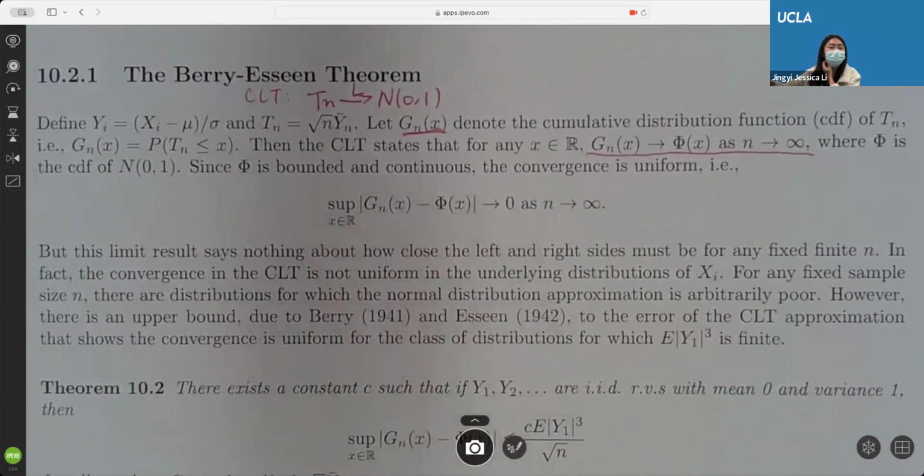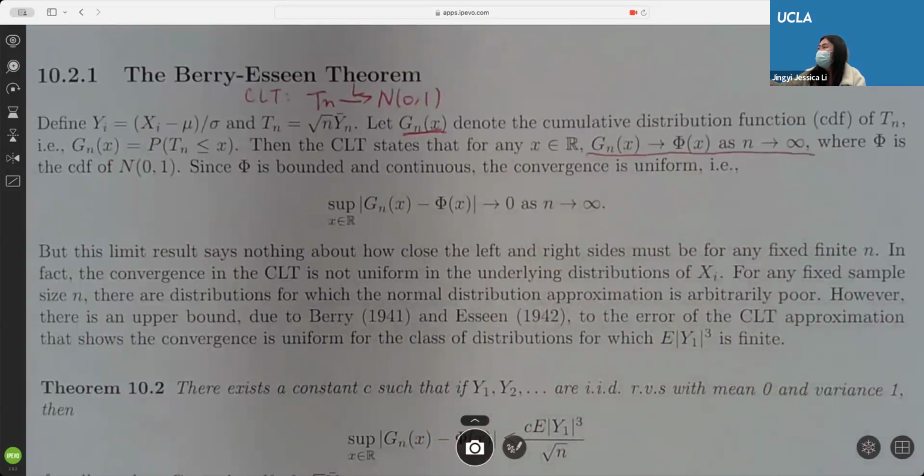But this limit result says nothing about how close the left and right hand side must be for any finite n. You only know it's going down to 0, but you don't know the rate. How fast does it go? In fact, the convergence in the CLT is not uniform in the underlying distributions of xi. What does this mean?